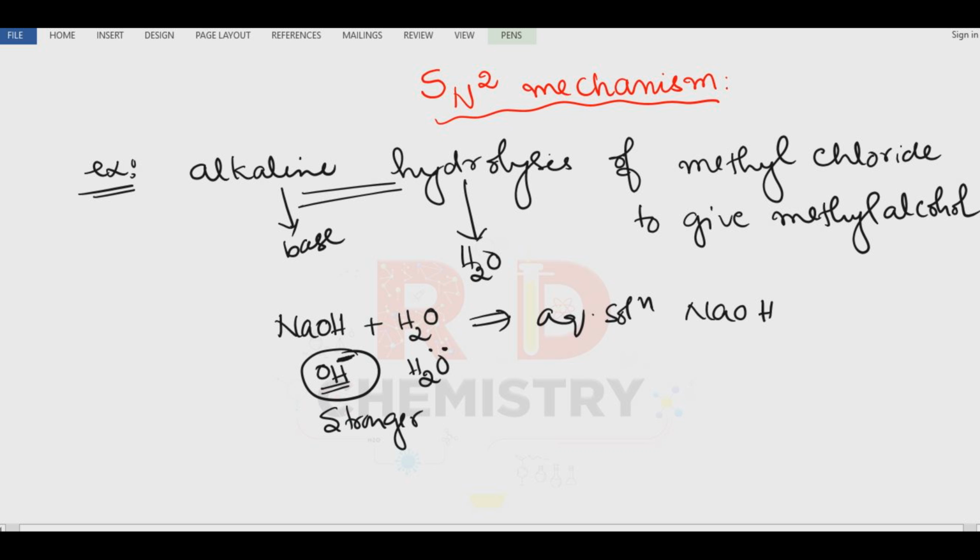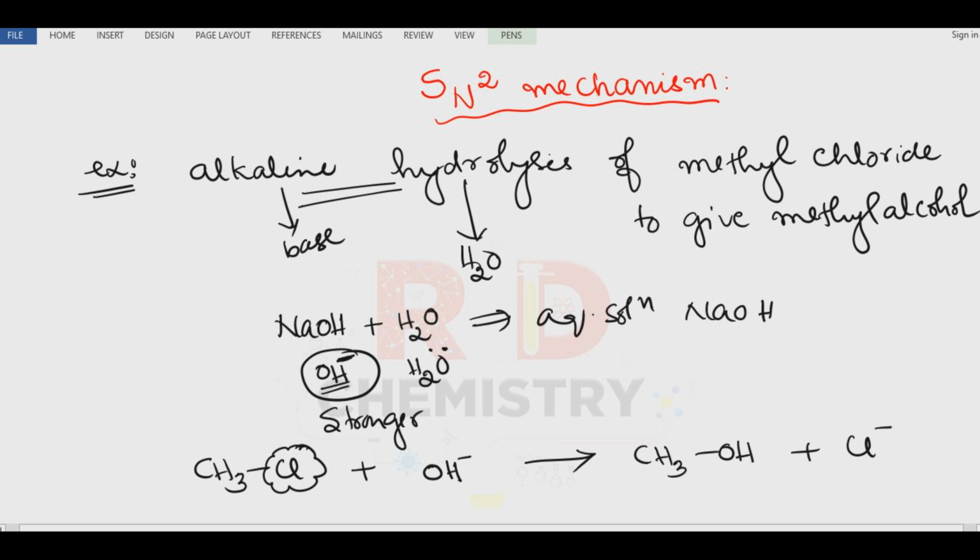So we'll be writing the reaction with respect to hydroxide. Let me write methyl chloride. Methyl chloride reacts with the sodium hydroxide. I'll write only hydroxide here. What do you mean by nucleophilic substitution reaction? This chlorine atom should be replaced by OH minus. So we'll get CH3OH plus Cl minus goes out. Even Cl minus is also a nucleophile, but it is a weaker nucleophile compared to hydroxide.